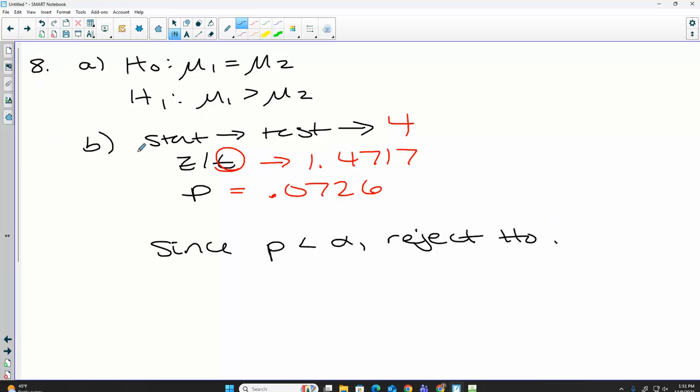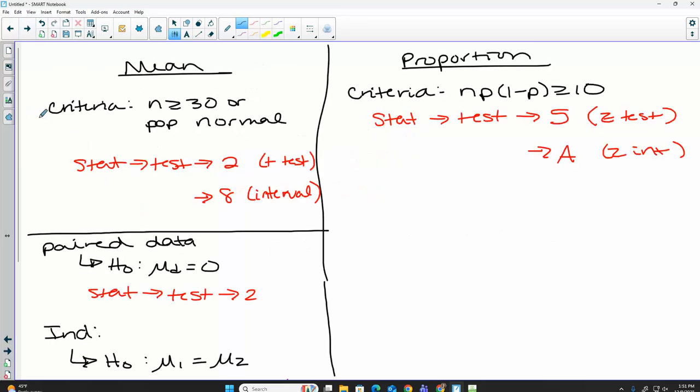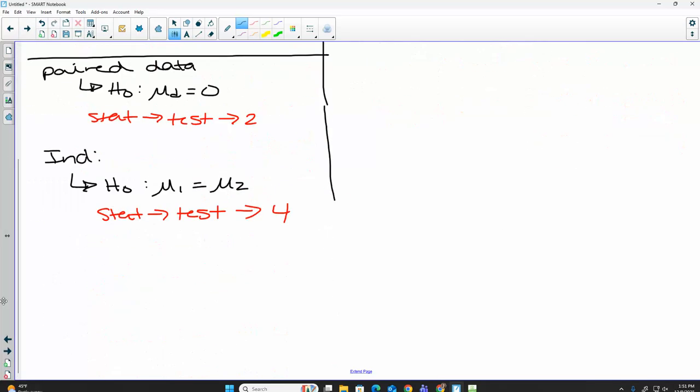All right, part C, it wants the confidence interval. So, number 4 is just giving us our t value. If we want a confidence interval for the difference, where do we have to go? Stat, test, 0.